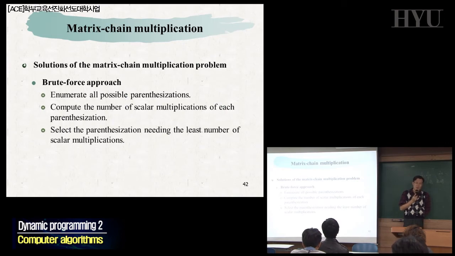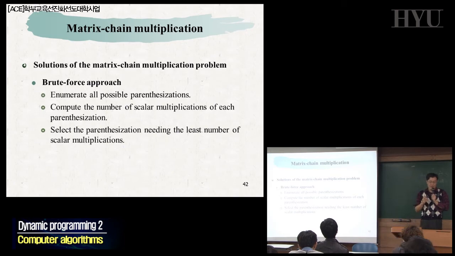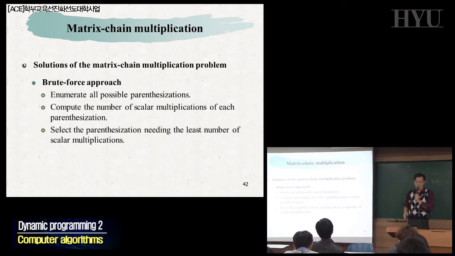We enumerate all possible parenthesizations and then compute the number of scalar multiplications of each parenthesization. And finally, we select the parenthesization with the least number of scalar multiplications.